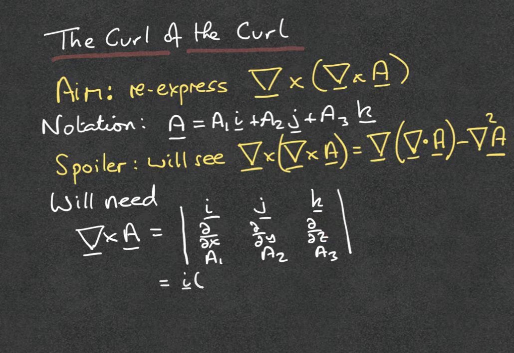So what we obtain is dA3 dy minus dA2 dz, close brackets.